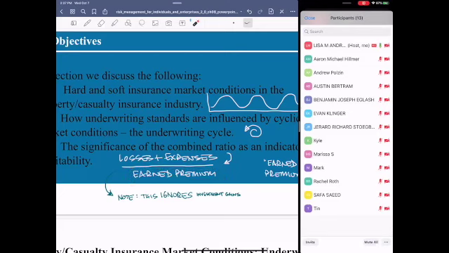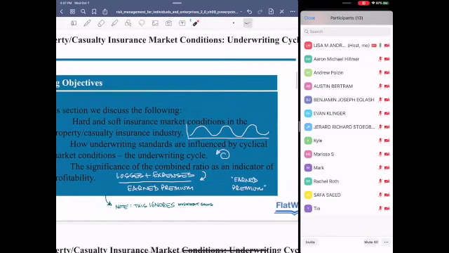Earned premium. What the heck are we talking about with earned premium? Earned premium is simply the dollars that have already been used up for insurance. So think about this. When you pay your insurance bill for the year, maybe you write a check in January for your full year's worth of premium for your auto policy.